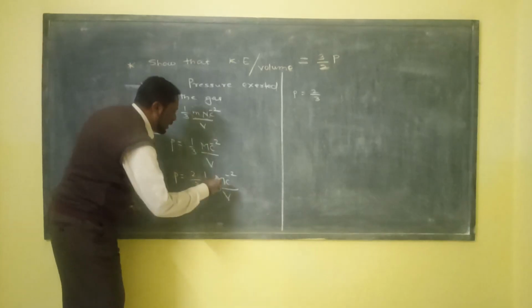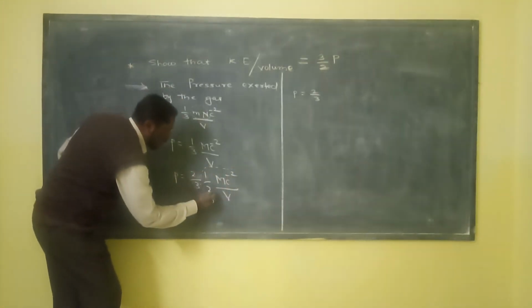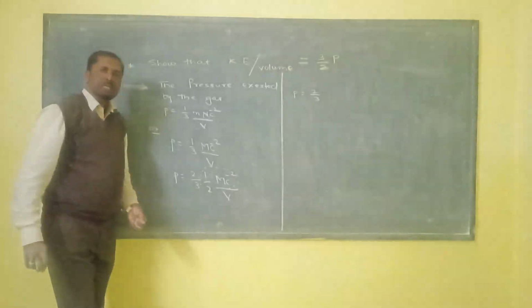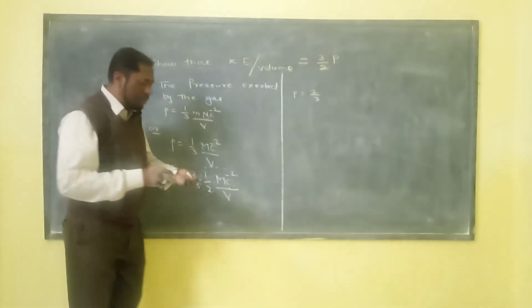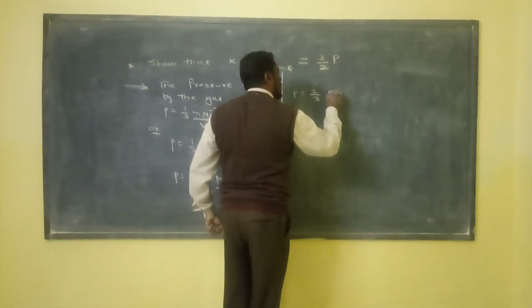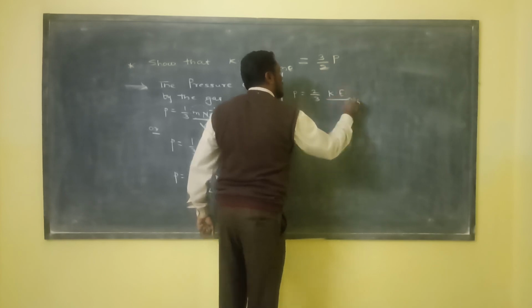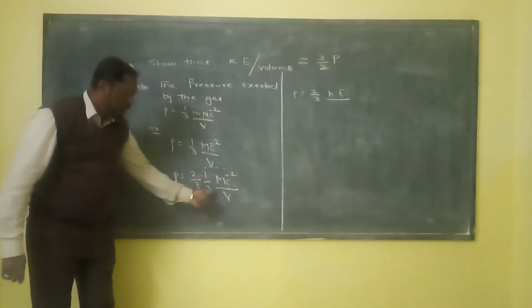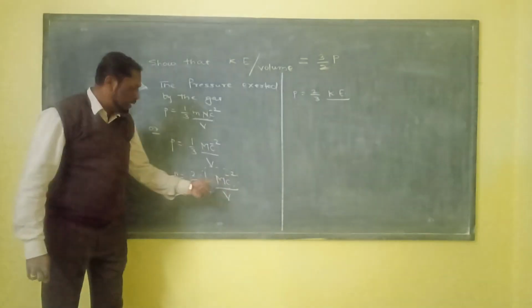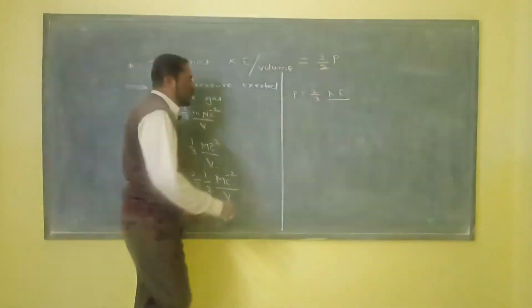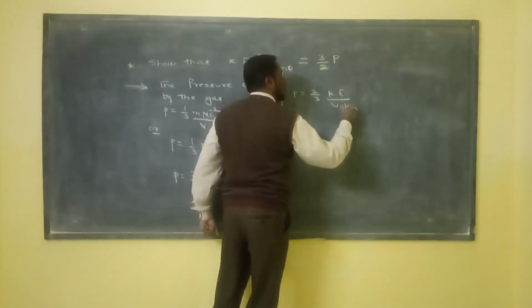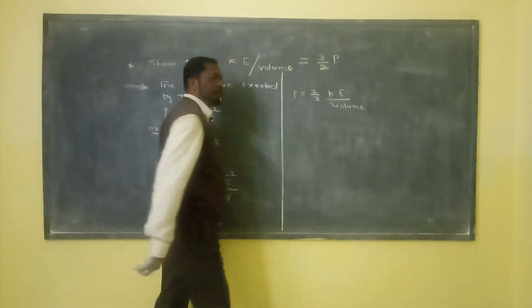What do we understand by this factor? 1/2 m c square, that is 1/2 mass into velocity square, and this is nothing but kinetic energy. To the denominator, what is there? V is nothing but volume.